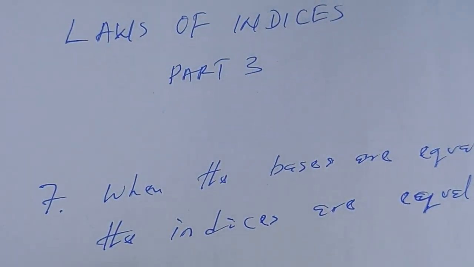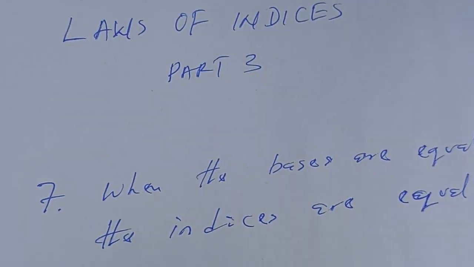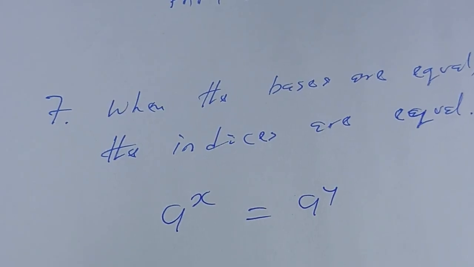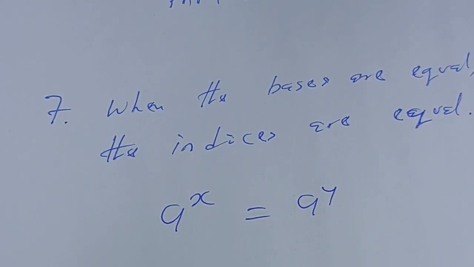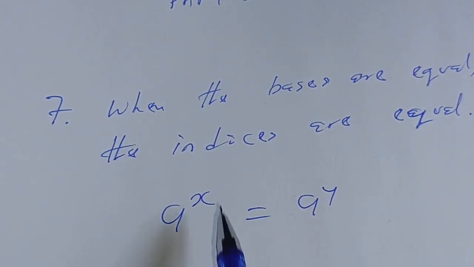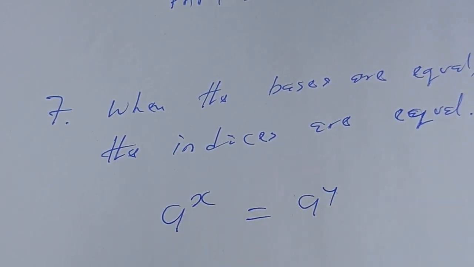If you have a raised to the power x equals a raised to the power y, what does that mean? It means that the bases are equal. The bases here are a. Then the powers, the indices, are equal.